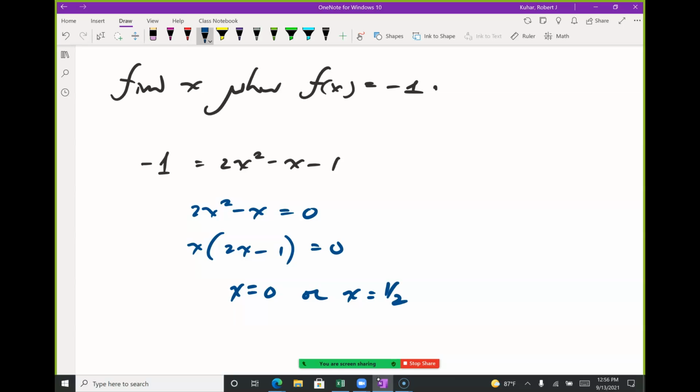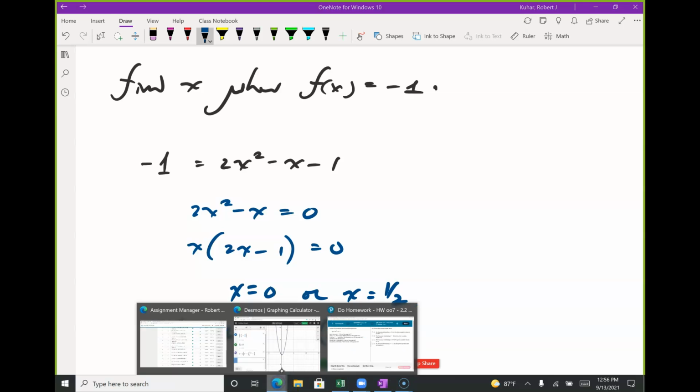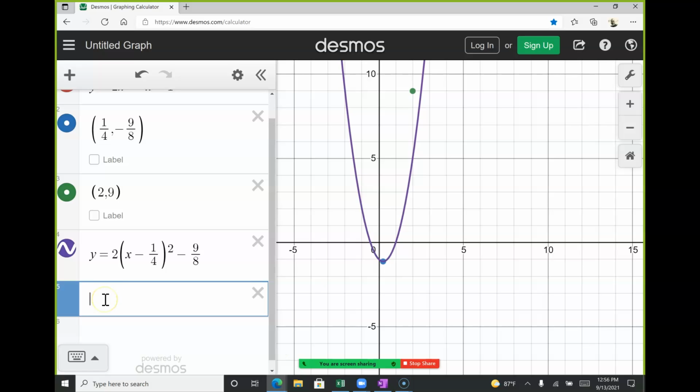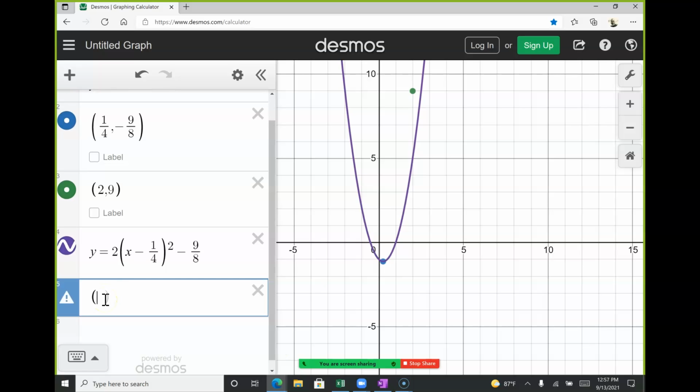And of course I know that those are points, 0 comma -1 and 1/2 comma -1, just points on the curve. And I can put them into Desmos as well. I'm sorry, did I get that right?